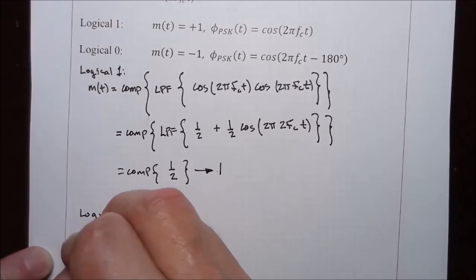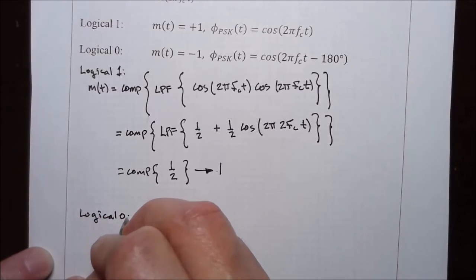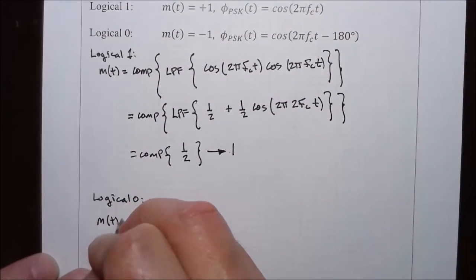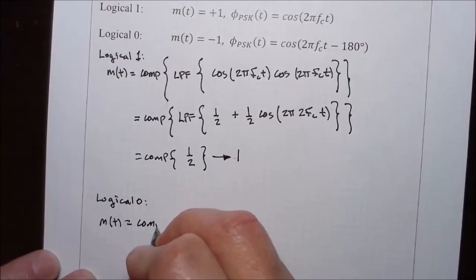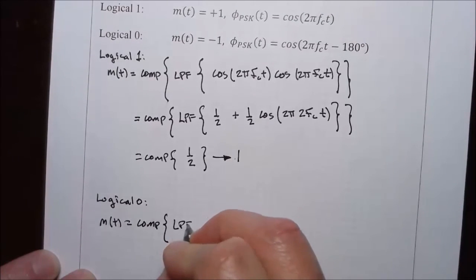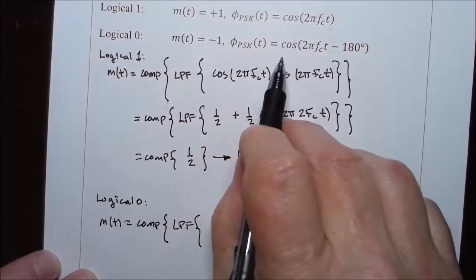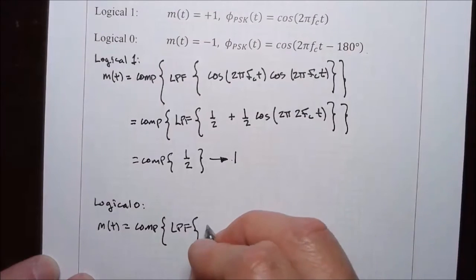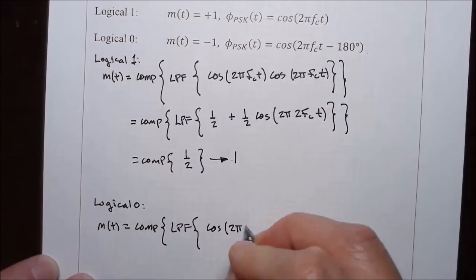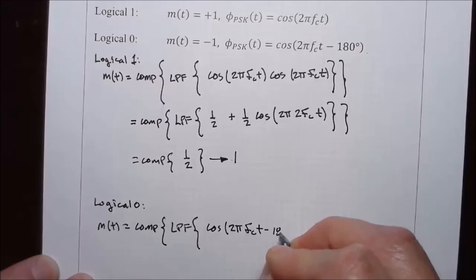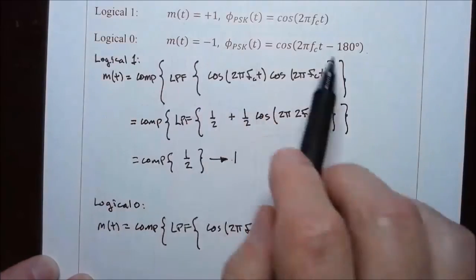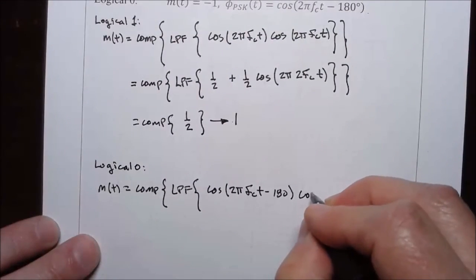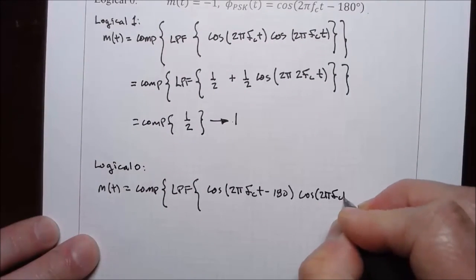If, on the other hand, the input is a logical 0, then m of t is equal to the comparator operating on the low-pass filtered version of cosine 2 pi fct minus 180 degrees, times the replica of the carrier, cosine 2 pi fct.